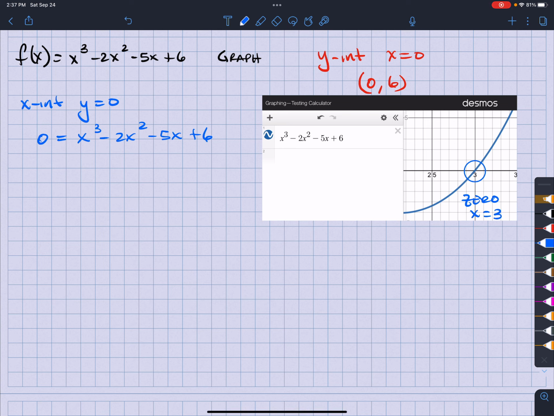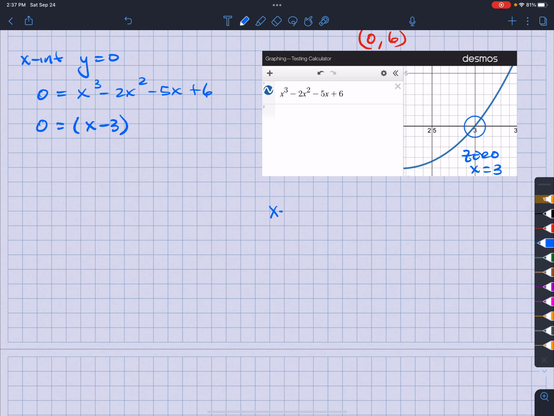So if that was a factor, it would be an x minus 3. So I'll have to do some long division here of x to the third minus 2x squared minus 5x plus 6 divided by x minus 3.